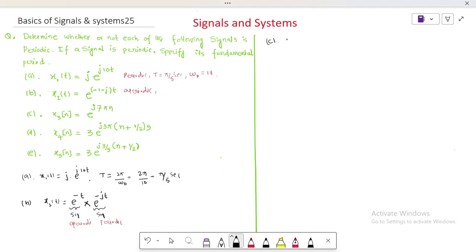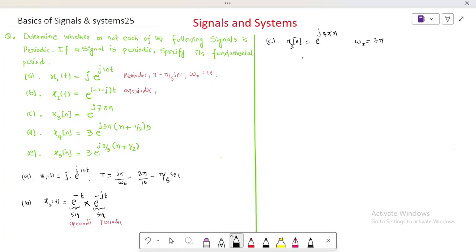The next problem is given x3 of n, a discrete time signal equal to e power j into 7 pi n. In discrete time there is no signal multiplication here. This omega naught, which is not the fundamental frequency, you should remember, equals 7 pi.